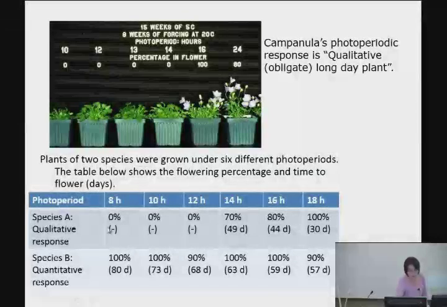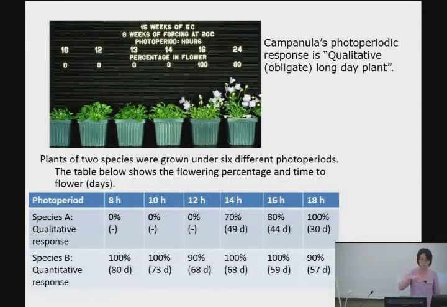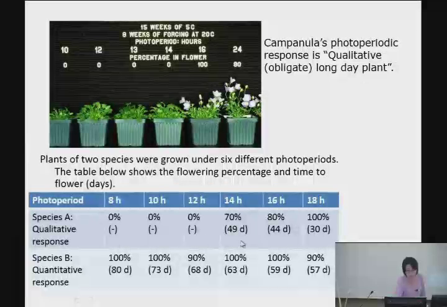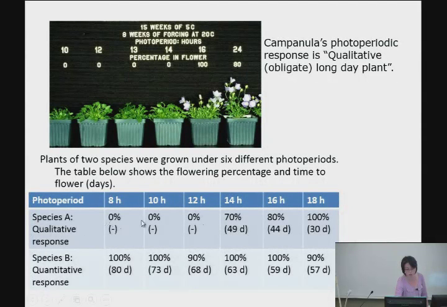Each one shows the percent flowering, so how many plants flowered at the end, and also days to first flower, or days for the majority of the plants to flower. The first one is showing 0, 0, 0, and the data couldn't tell how many days it took, so basically it didn't flower, right?